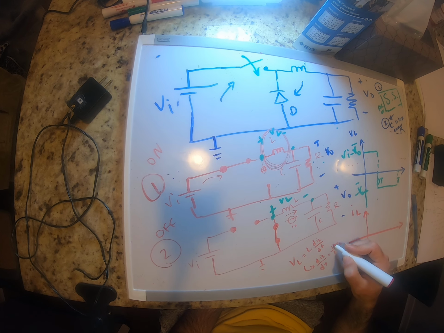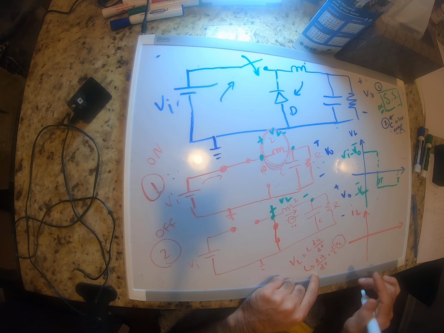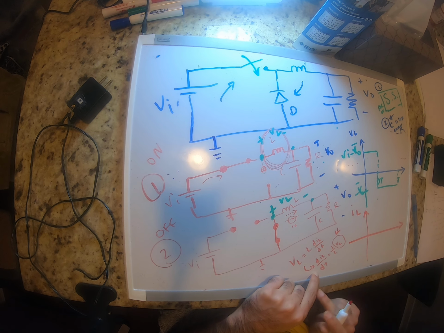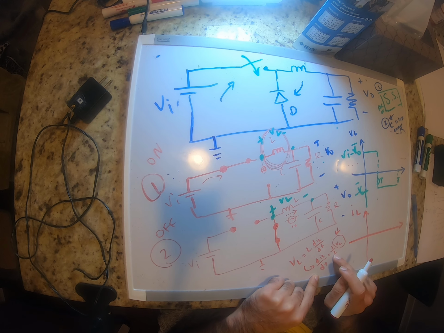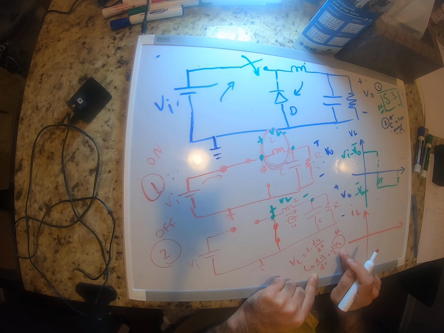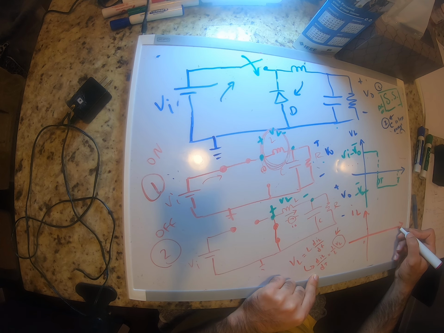If VL is constant, it means that IL is going to either increase or decrease, based on the sign of VL, linearly with the slope of 1 over L times VL. So assuming that we have an initial current at the beginning of the period, this is our period, this is 0, this is period, this is dT.